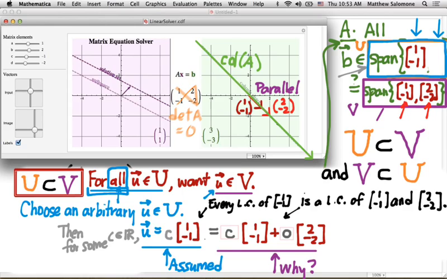And that guarantees that U is a subset of V. So that's the first step.